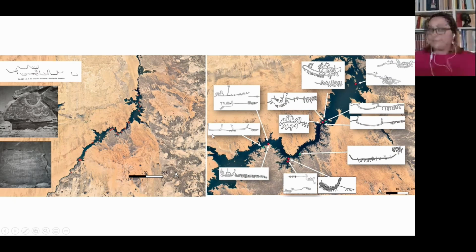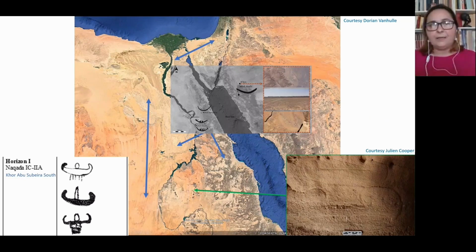If we go a little bit further, we can see there too there are connections, and these are pretty interesting to us. And here I just want to mention two of them. One of them, the one here below, is the earliest one, dated to the first half of the 4th millennium, and is connected with this kind of boat representation. These are from Korab Subeira South, one of the wadis that we have seen on the east bank, close to the Nile River.